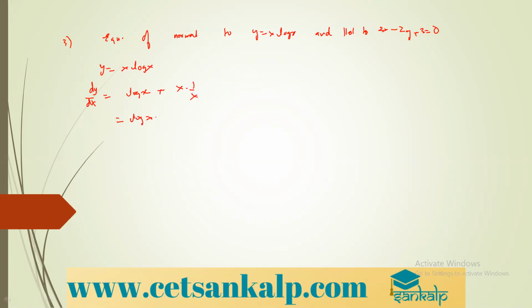So it is log x plus 1. Now slope of normal will be minus 1 by log x plus 1.